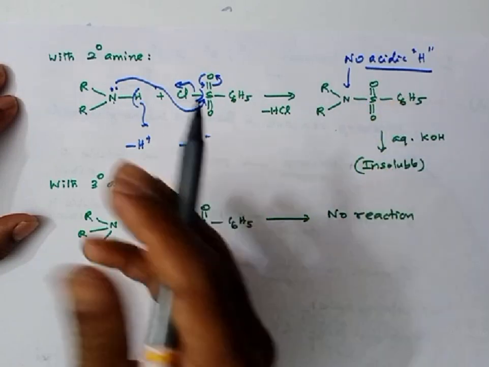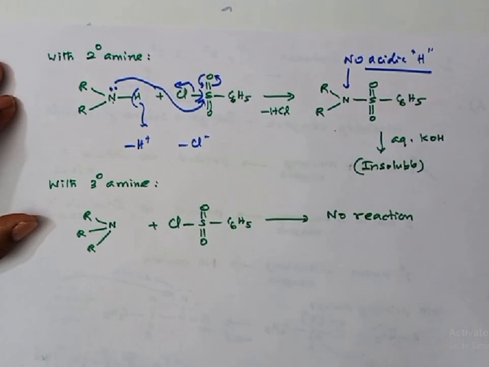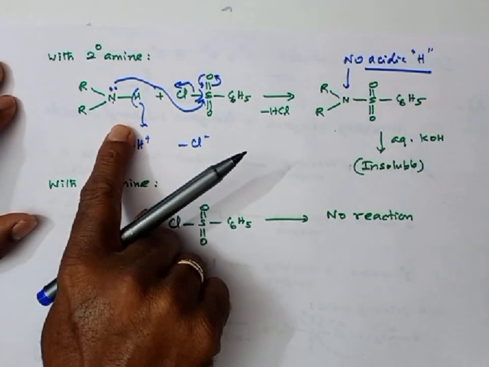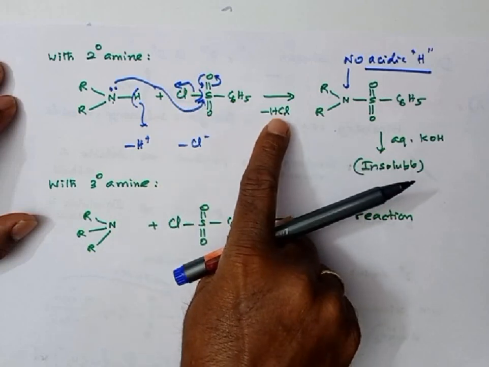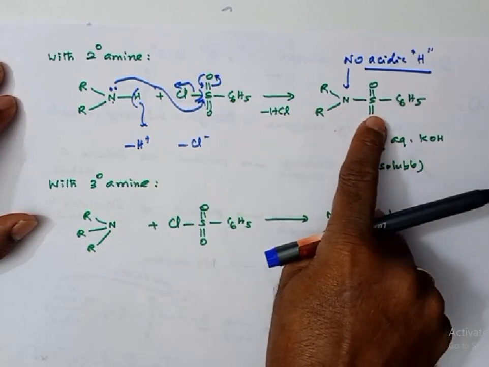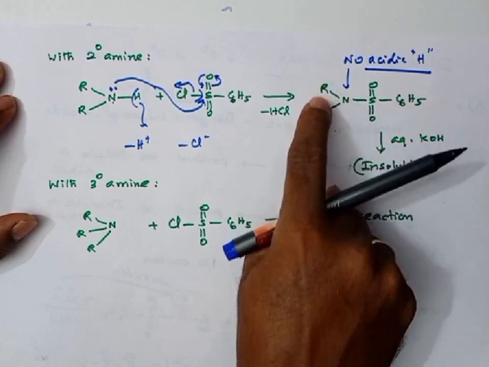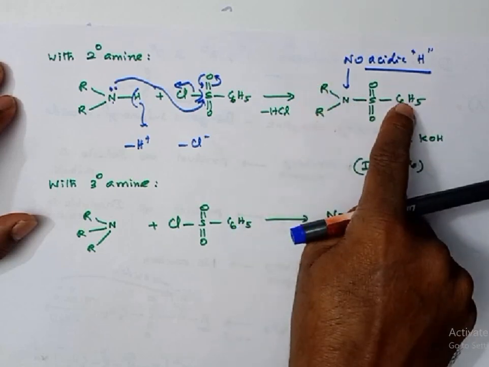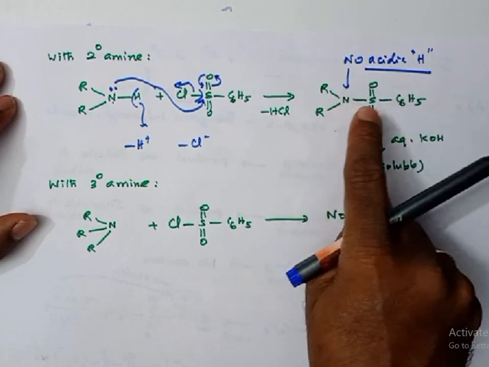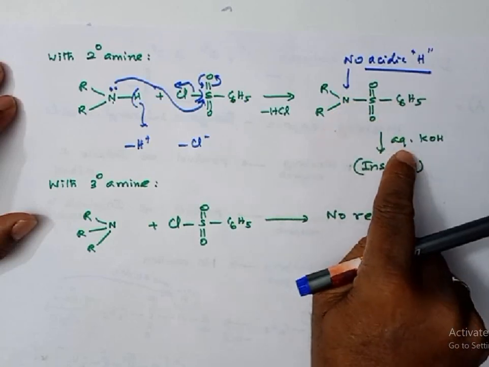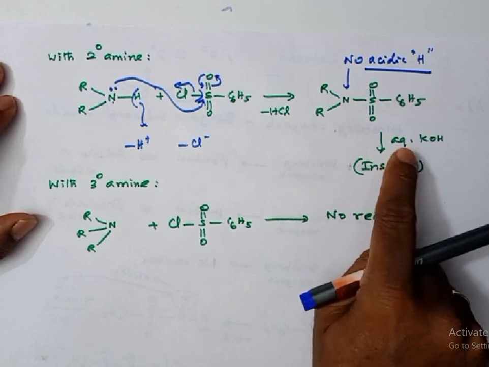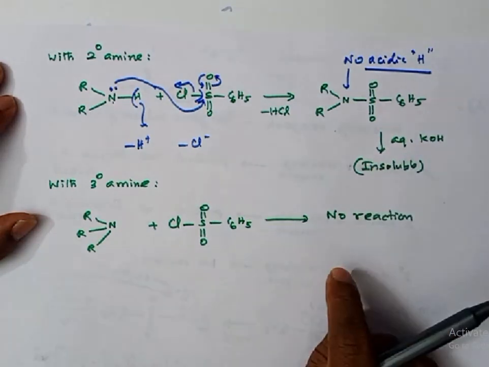So you can easily identify the secondary amine based on this test. Take a secondary amine, add benzene sulfonyl chloride, HCl is eliminated in the first step and you get a disubstituted benzene sulfonamide. There is no acidic hydrogen, so it does not form any salt with aqueous KOH.